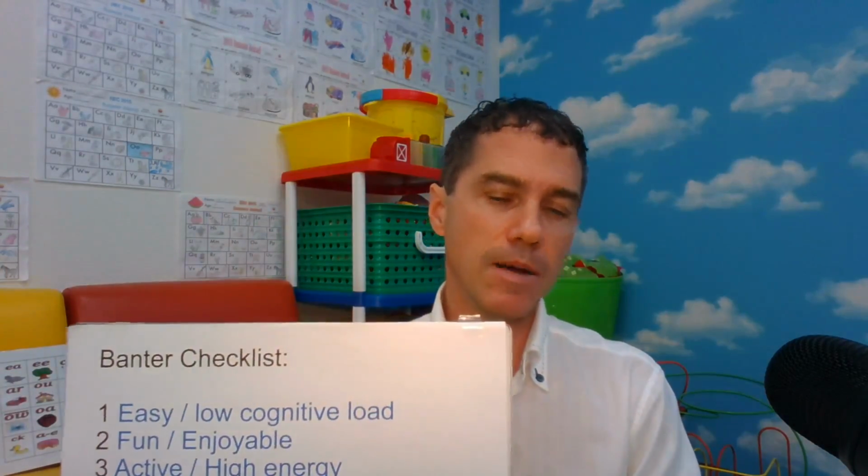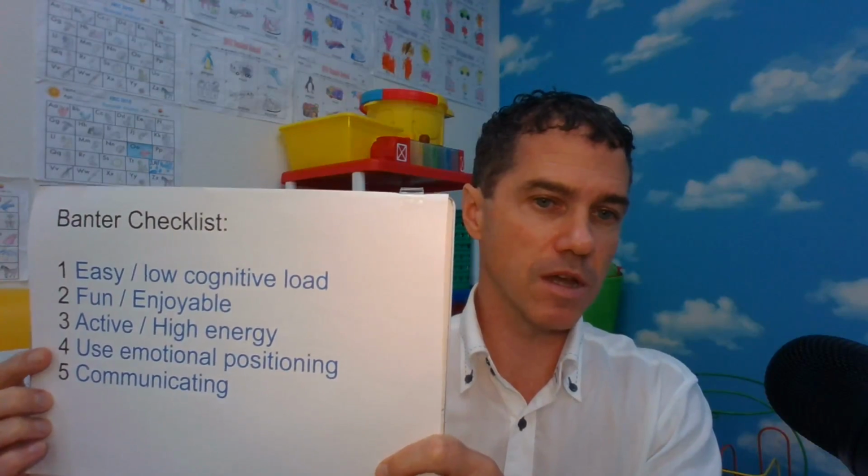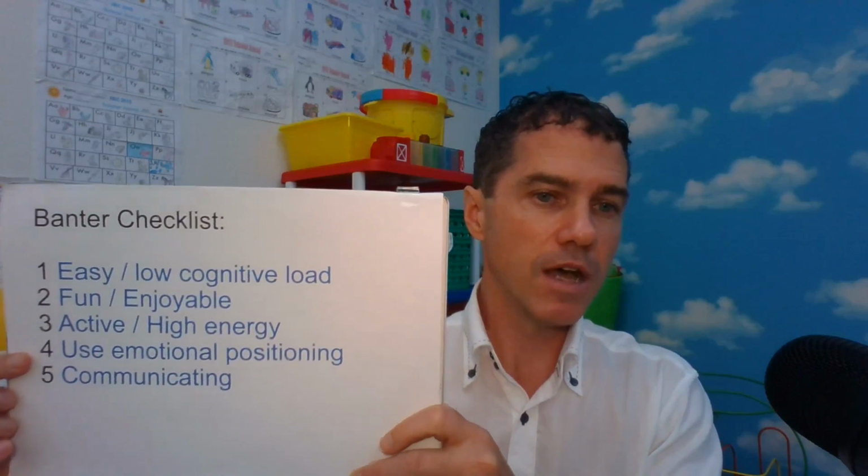So I try to keep it active in that sense. It doesn't necessarily mean that the kids are up and moving around, although it could be. It just really depends. But you want to keep it high energy and active because it's really hard to ignore high energy things in the classroom. You have to pay attention. So that's a good rule to use, something high energy and active.